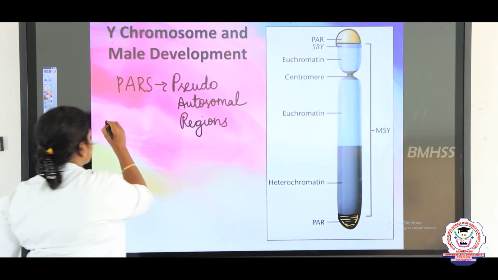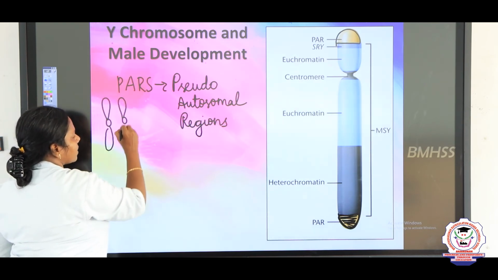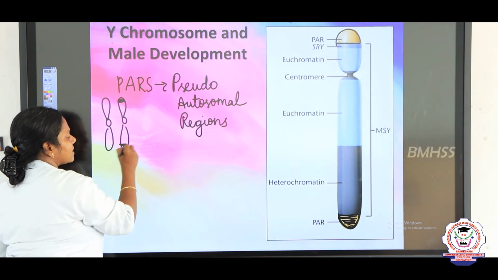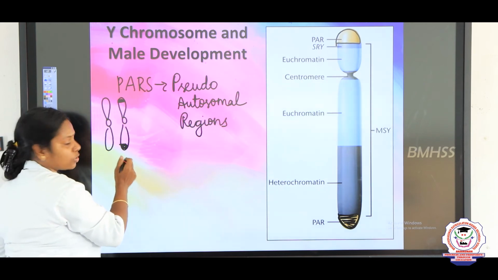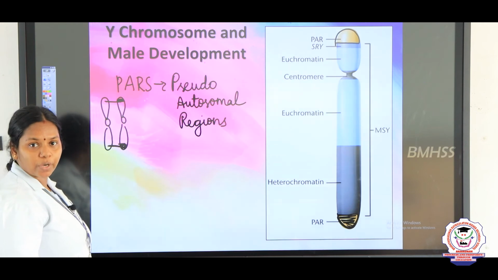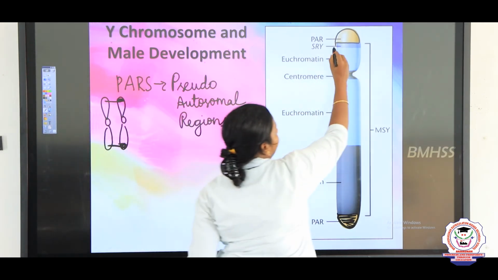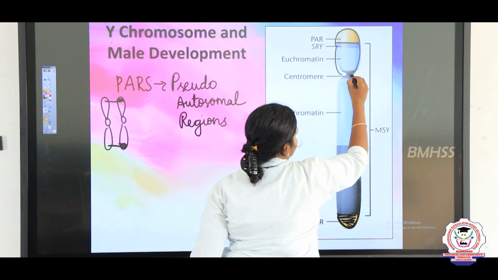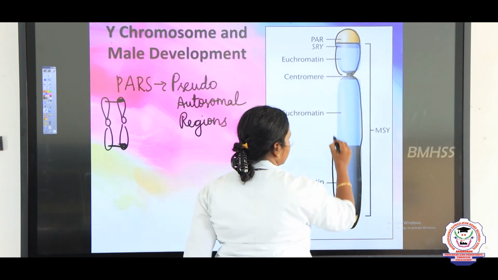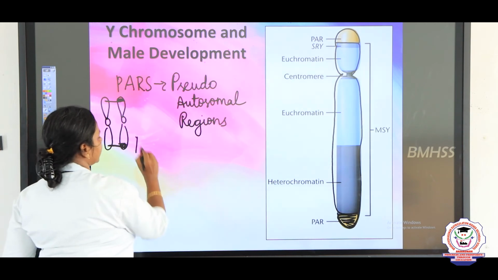Let me explain again, children. For example, imagine this is an X chromosome and this is a Y. Only at the ends, the regions possess genes similar to X, so the combination takes place only at the edges. The remaining 95% of the Y chromosome does not combine with X. Such regions we call NRY.